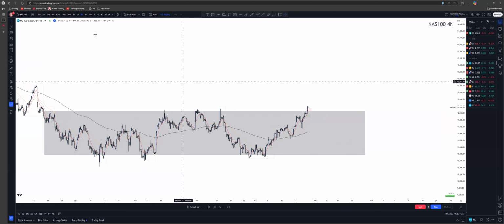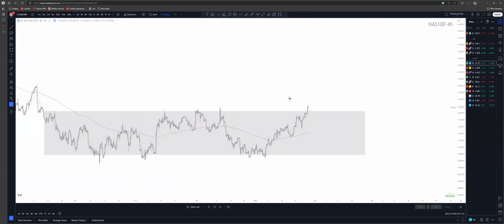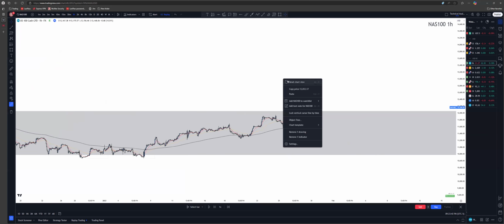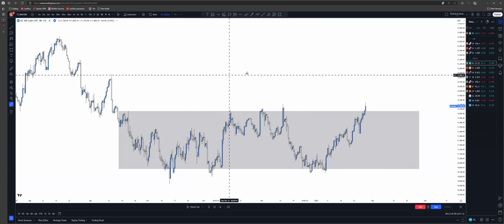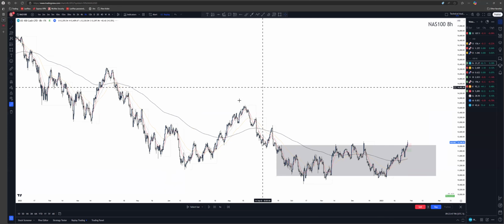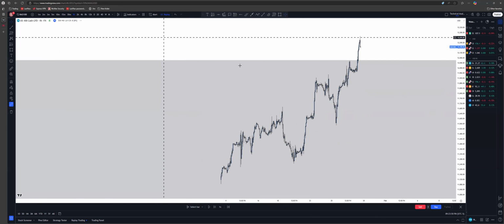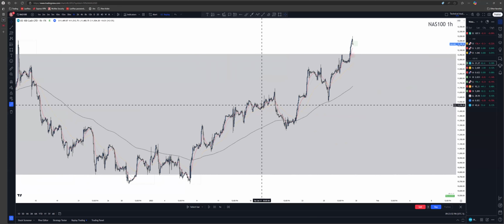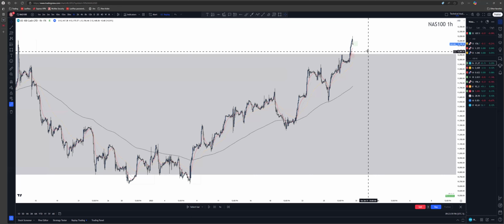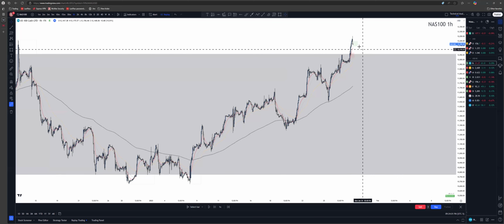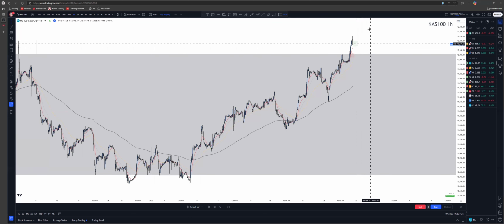So we can look for our entry model on the 1 hour time frame, being that we understand the context. At this point, we will only be looking for buys due to the context. Our entry model is basically just a push under the 10 and 20 EMA and a buildup of momentum to then take a trade to the upside.